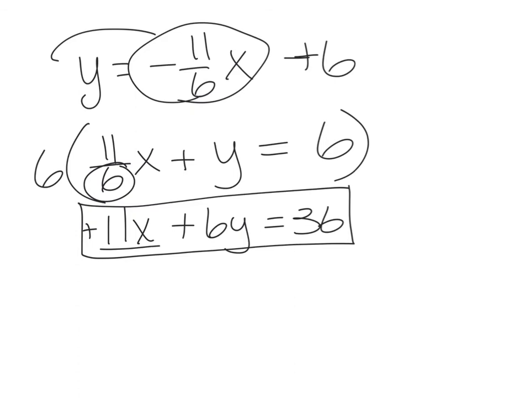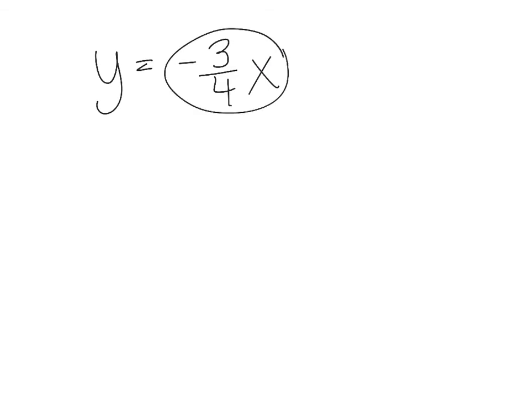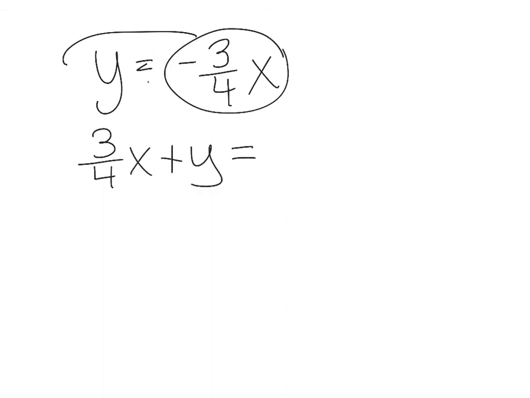All right, let's look at one where I don't have a constant. Step 1 is to move this to the other side, right? So that makes it positive 3/4 x plus y. Bring down your equal sign. Now I have nothing over there, so I'm going to put 0. This is going to be my placeholder.